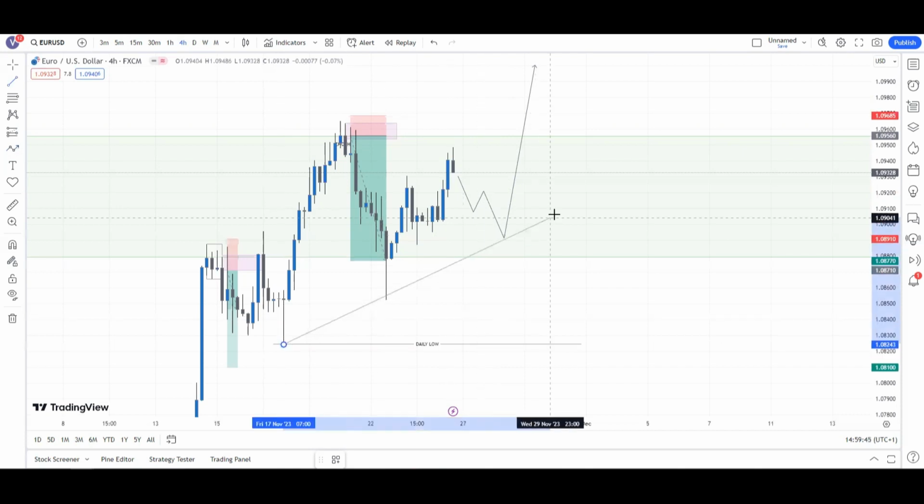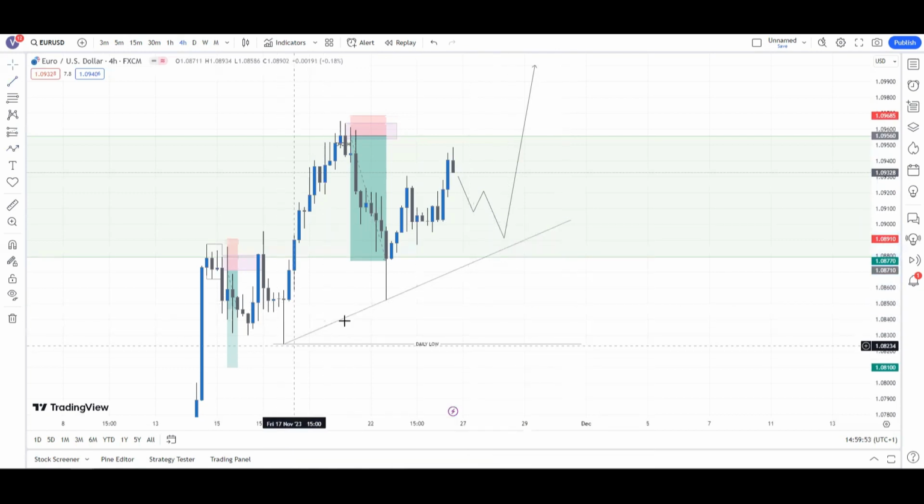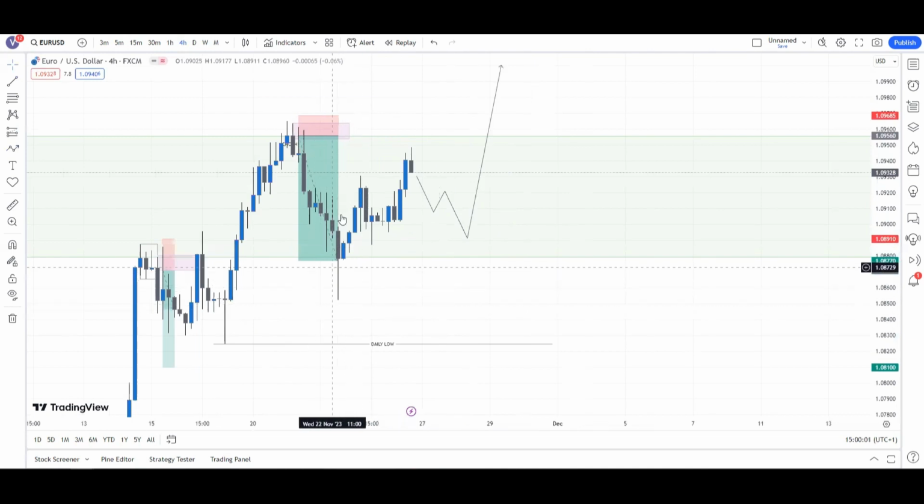If you draw your trend line, you would also see that this is still bullish. I like drawing my trend line from the wicks, not just from the body, because the wicks are part of the candlestick.